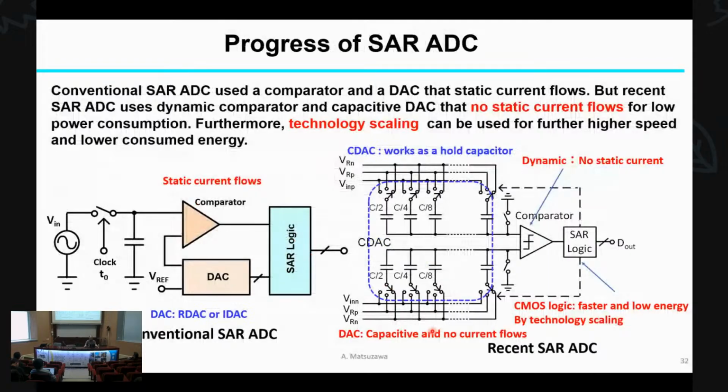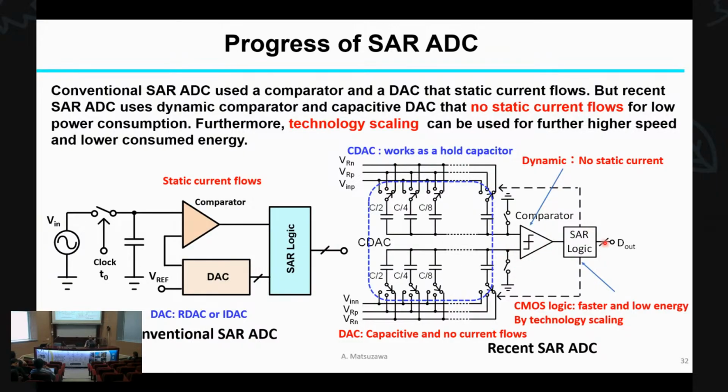One important point is this: conventional circuits consume static current, but current circuits use only capacitors, switches, and the controller logic.